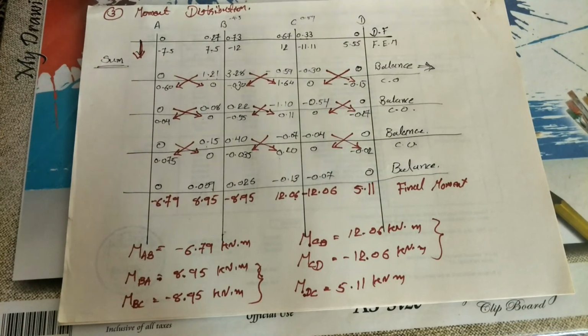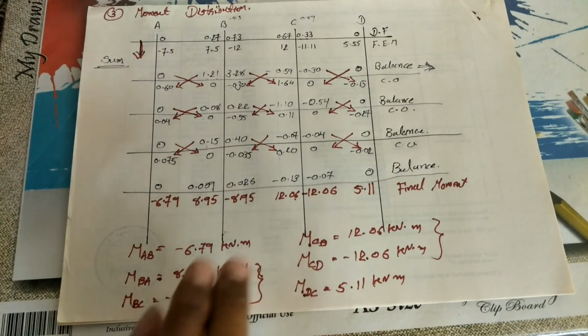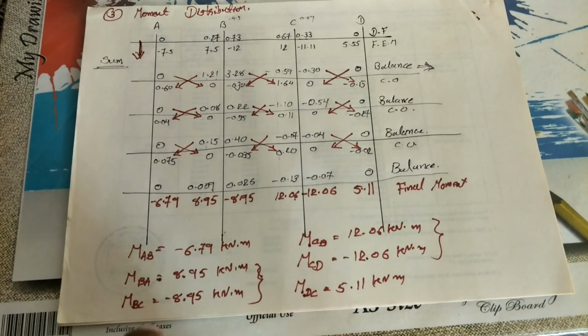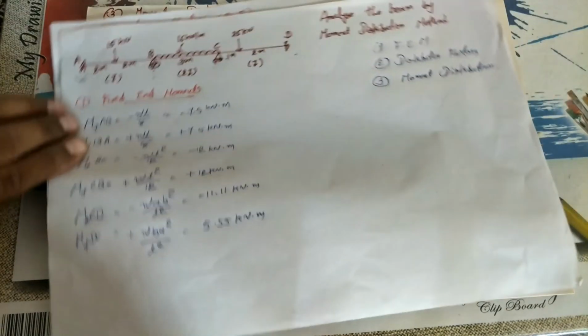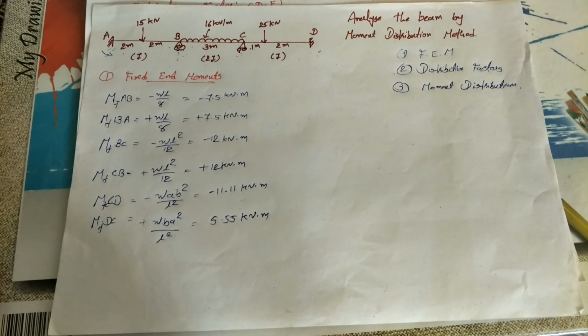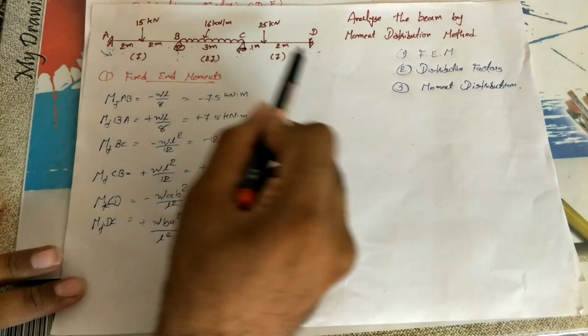Until that, you have to continue your calculation: fixed end moment, balance that moment and carry over, again balance, again carry over. So this is all about the numerical of a 3 span beam with fixed ends.